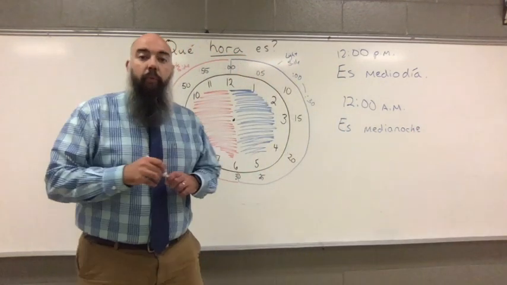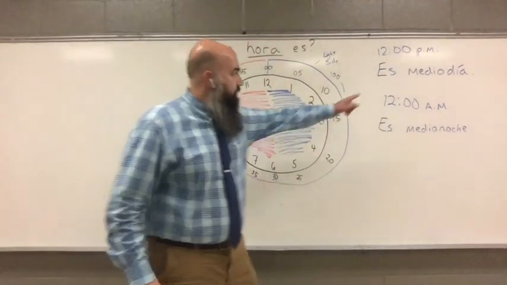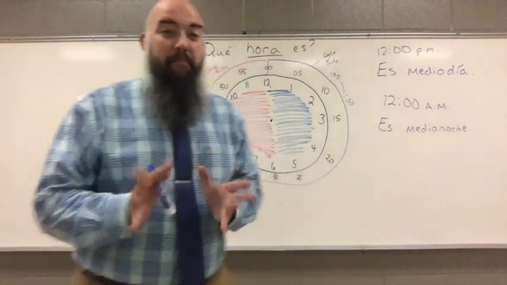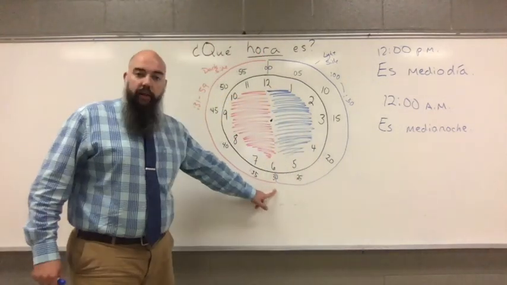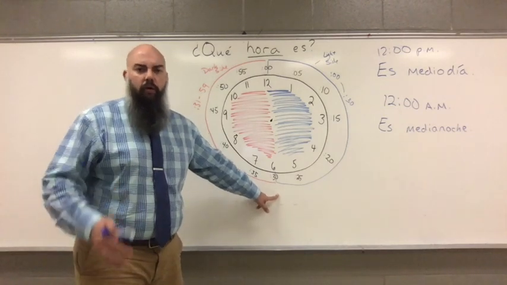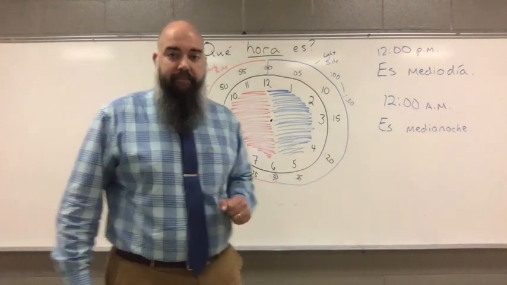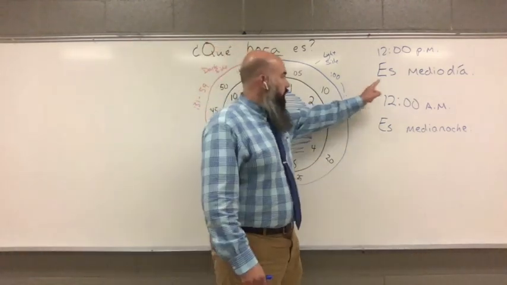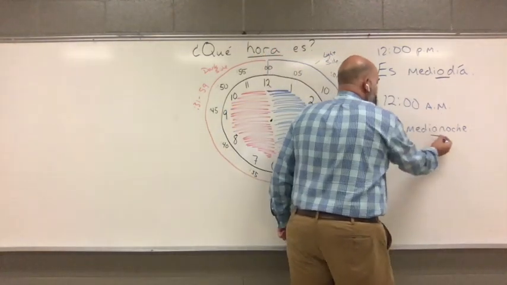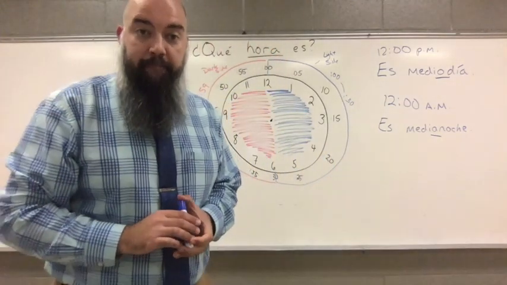All right. I want to point out a couple things. One, yes, this medio and media mean the same thing. That's even the same media that I showed you just earlier when we were talking about half past. Same media. Notice that up here, es mediodía, it's an o, and then here, medianoche is an a, okay?